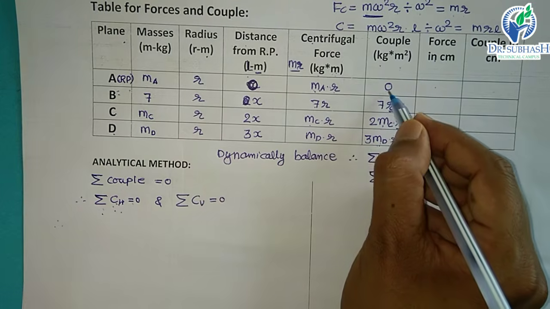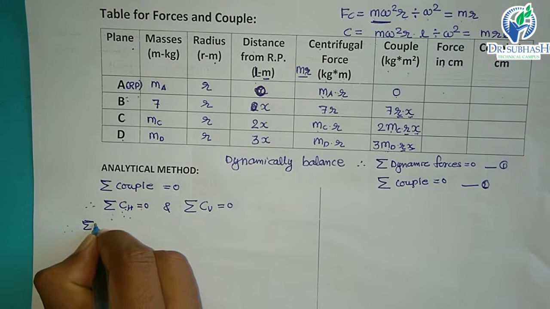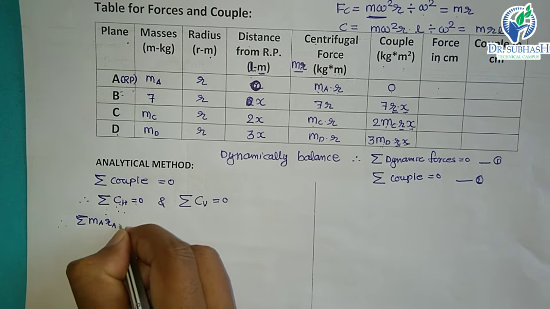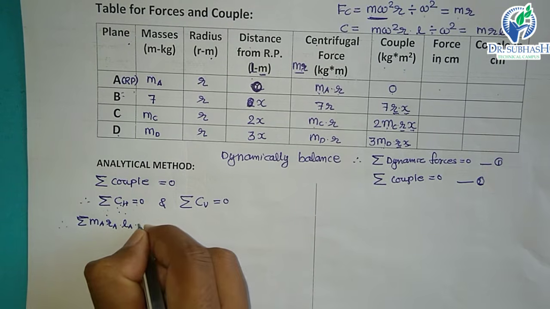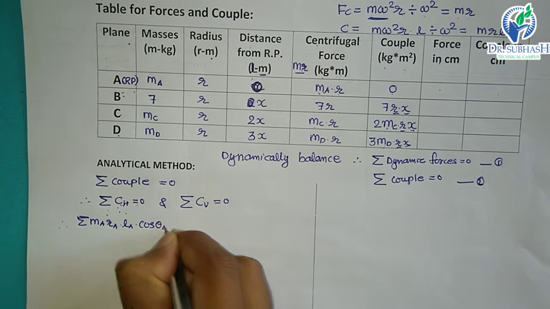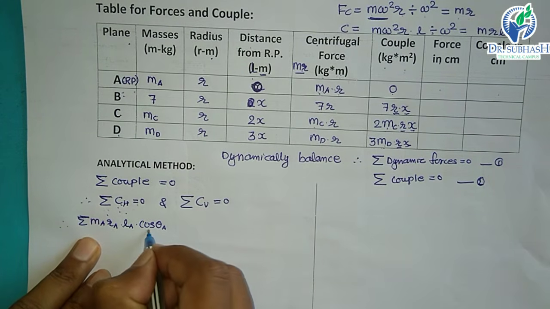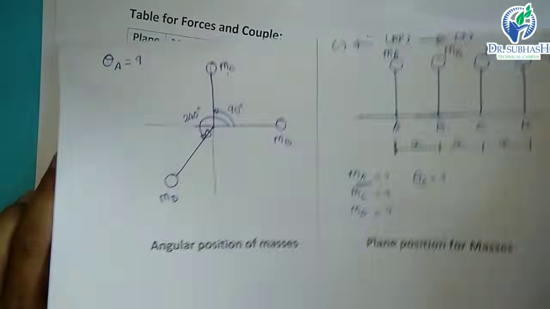Now here this is our couple. So in a general way we can write it this way: ma ra into la, this is our couple, into cos theta a, because here we consider the horizontal component. Again we see the angular position.